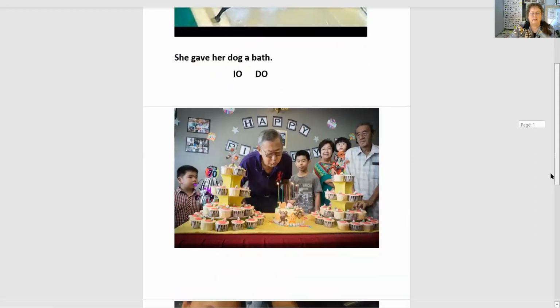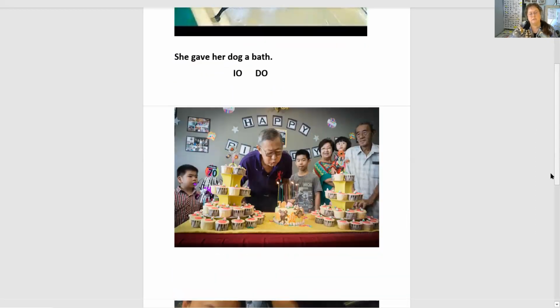you see a family who looks like they're having a birthday party for their grandpa. So what if we typed, they gave their grandpa a birthday party.